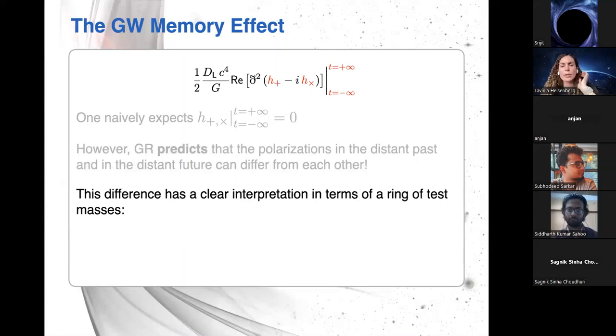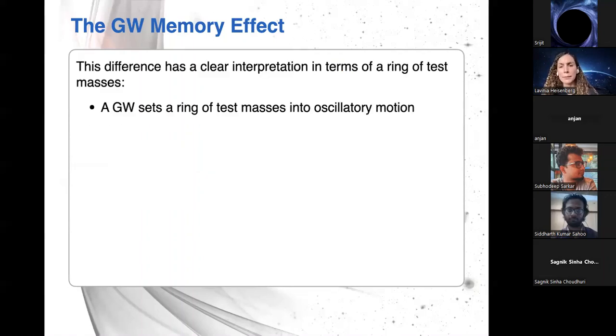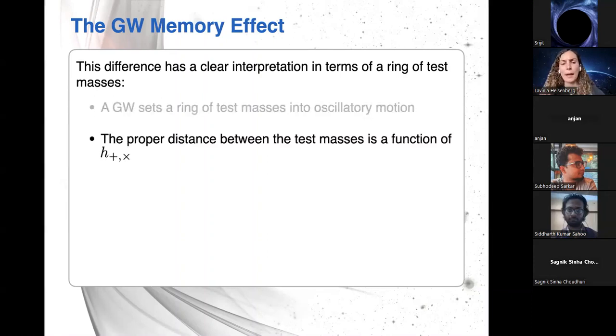Okay, so this difference has a very clear interpretation in terms of a ring of test masses. Imagine a gravitational wave passes through a ring of test masses, and as we have seen, they start oscillating. Of course, the proper distance between these test masses is a function of the strain of the gravitational waves.